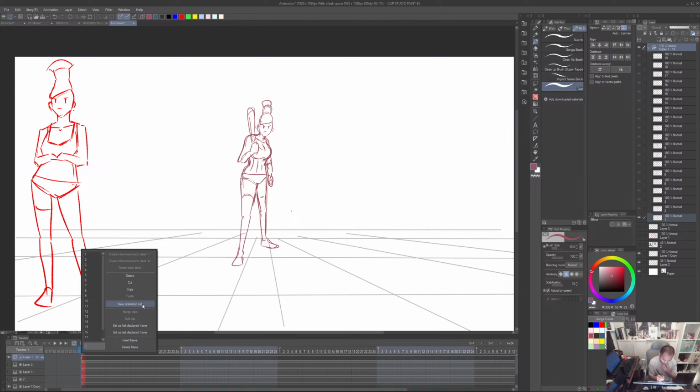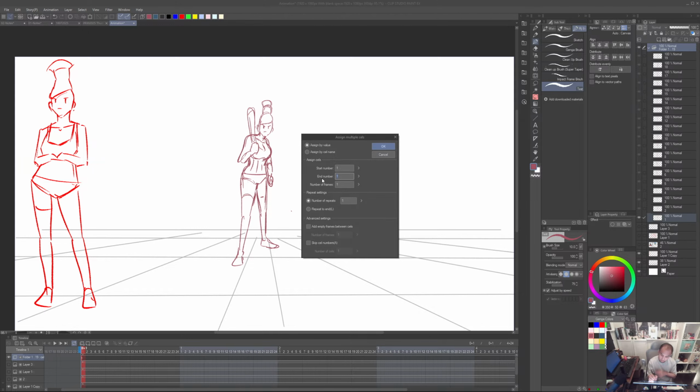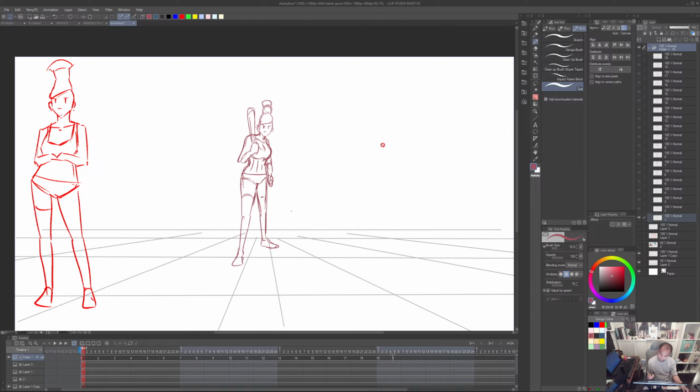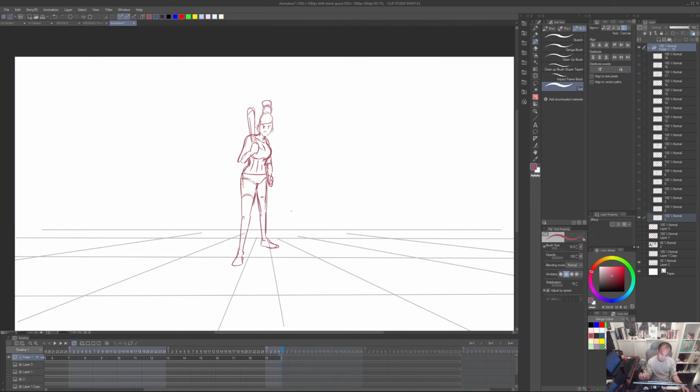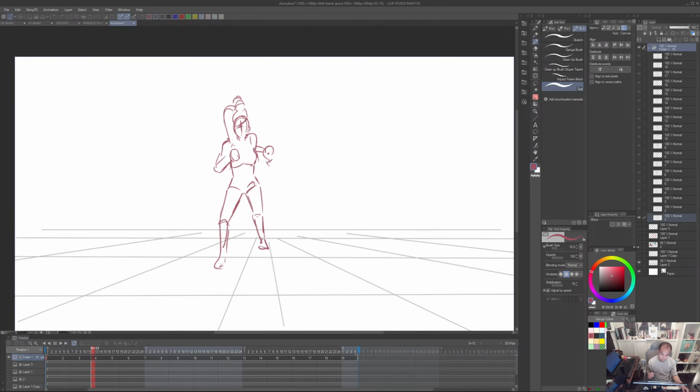Edit, assign multiple cells. How many frames do I have? 19 frames. Number of frames 4. There we go, a 3-second animation. Let's turn off the reference here. There you go.